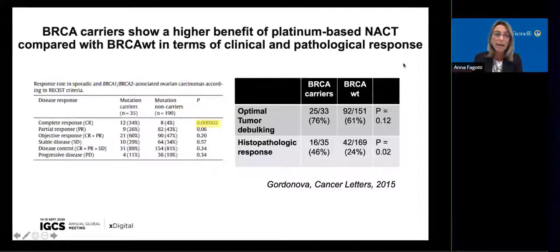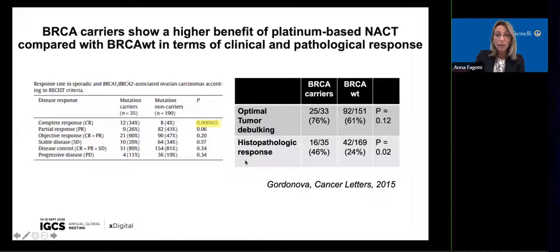compared with BRCA wild type in terms of clinical and pathological response, as you can see here. Mutation carriers have a 34% of complete clinical response with respect to 4% of mutation non-carriers, and the same regards histopathologic response, 46 versus 24%.